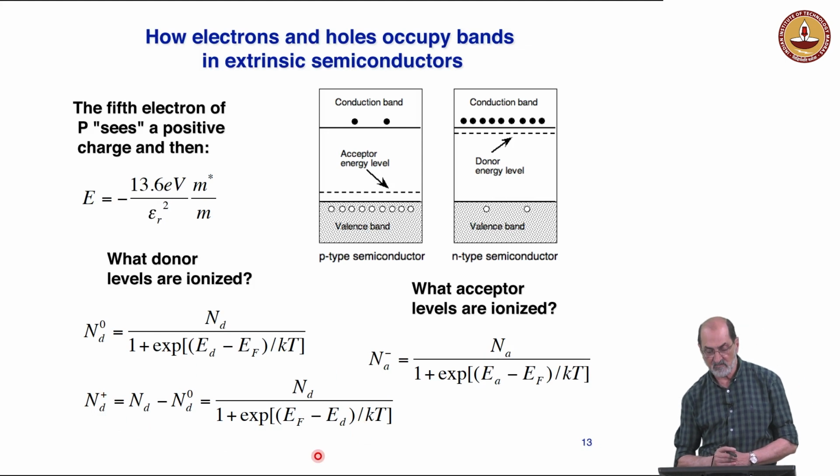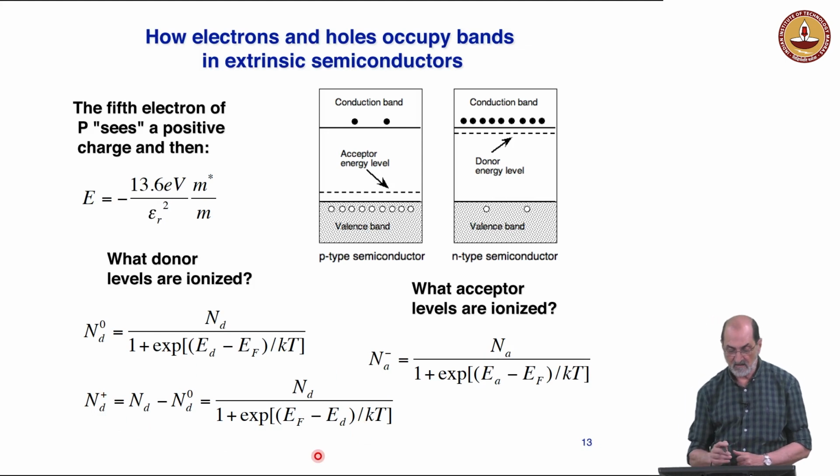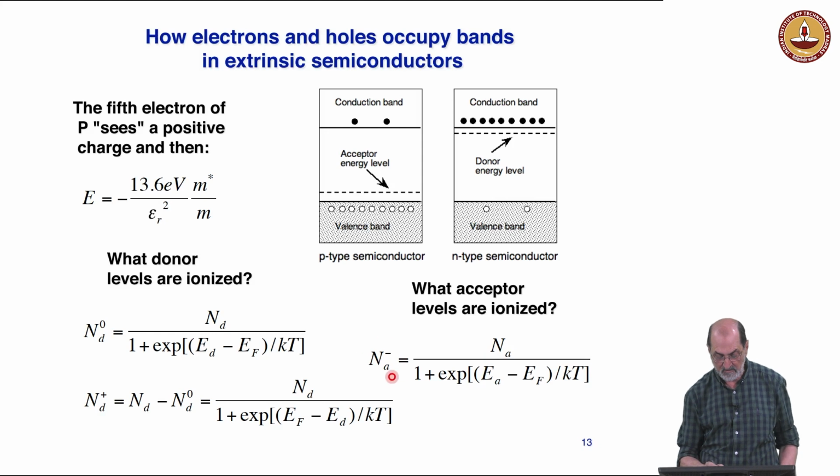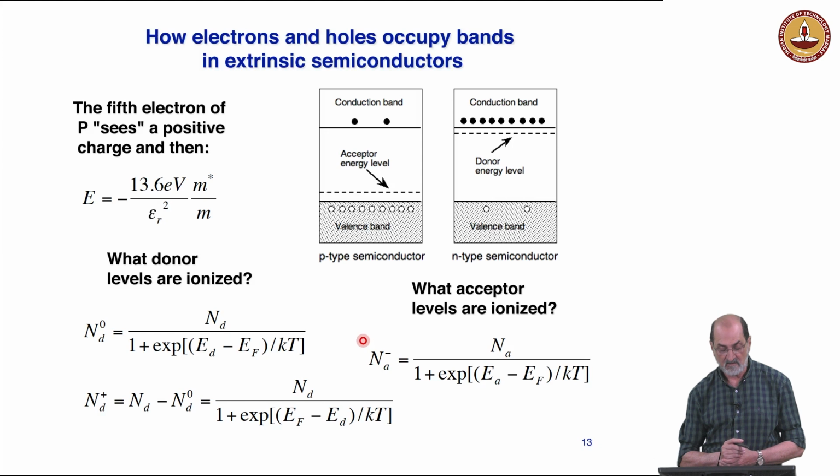For a P-type semiconductor, we want to know how many of those levels are ionized. If they have an electron, that means that we have a hole in the valence band. So here you don't need to make any calculation.